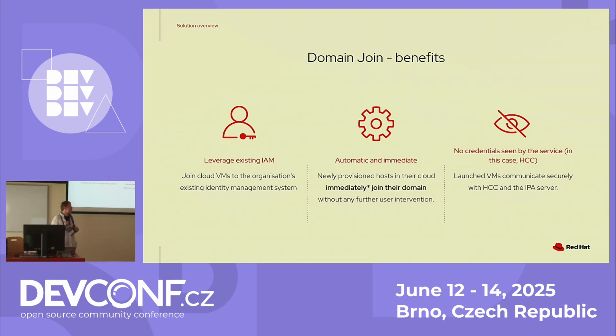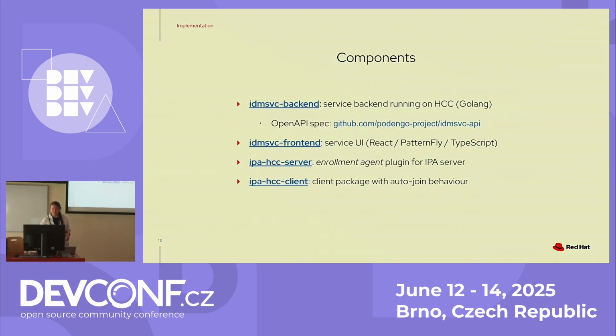Immediate is with a star because there are other third-party things that may delay the immediate join, but we cannot influence that. And because you already have your identity domain, you already have the environment, you don't have to expose any sensitive information to anyone, to us. And those are the benefits.